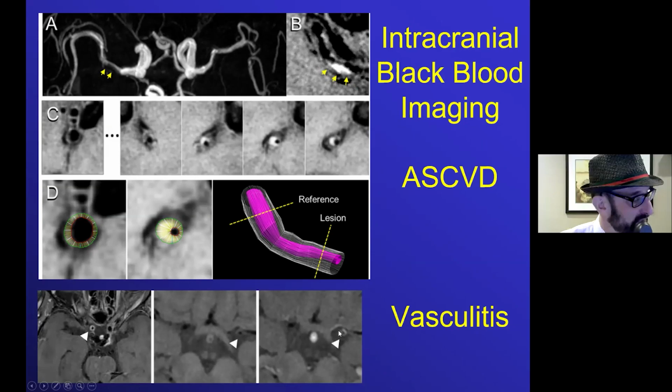Whereas what we're going to see with vasculitides is that it is a more symmetric and diffuse concentric enhancement, and that's going to be our distinguishing feature between atherosclerotic intracranial vascular disease versus the intracranial vasculitides such as PACNS. Here again, you see the nice and smooth and concentric involvement with vasculitides as opposed to the eccentric involvement with atherosclerosis.